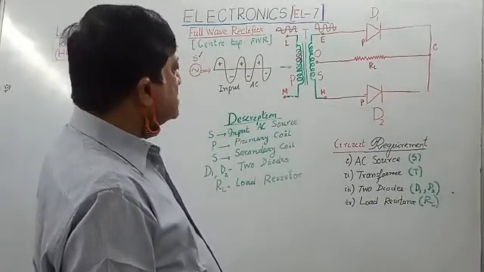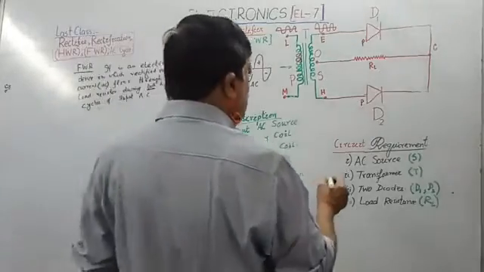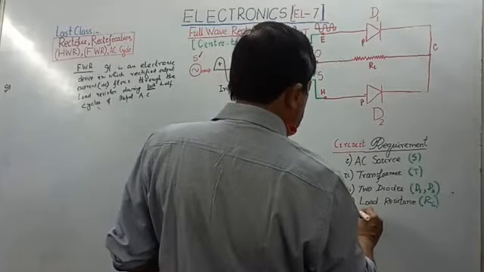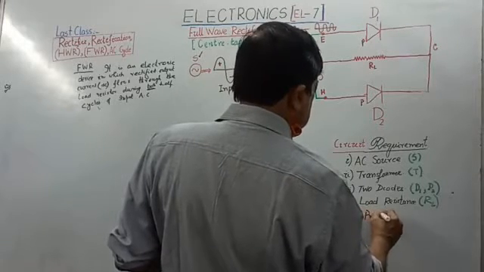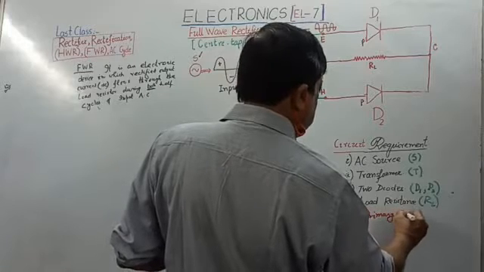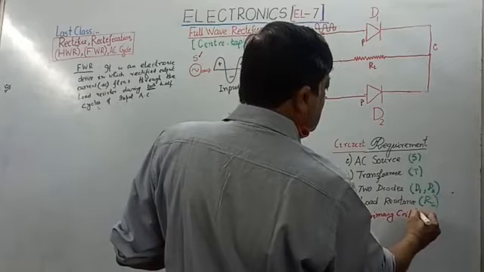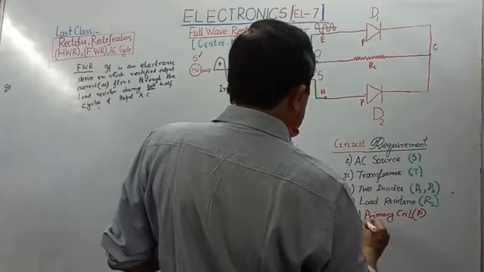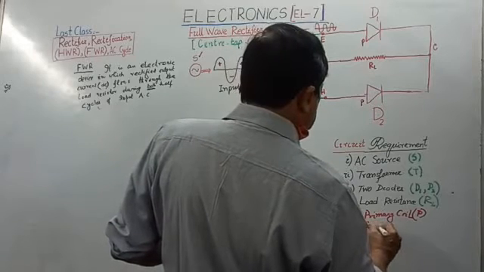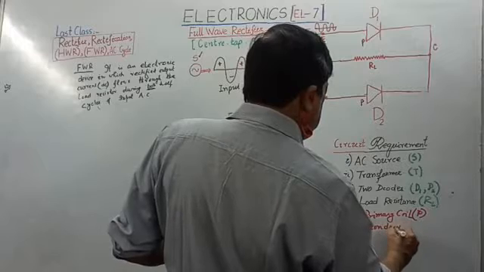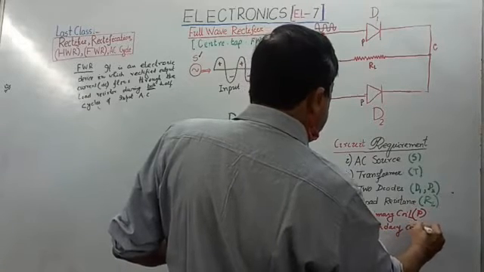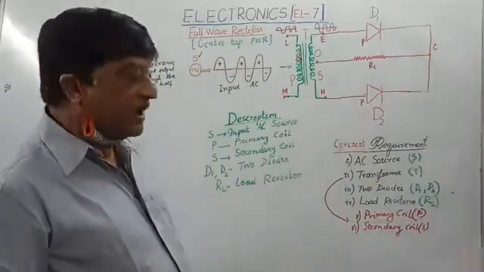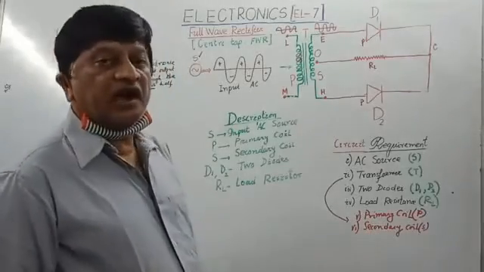This transformer has got two coils. What is primary coil, which we have written as P, and the other one is secondary coil, which we have written as S. Strictly speaking, you can call transformer a requirement, but you cannot say primary coil and secondary coil are requirements.